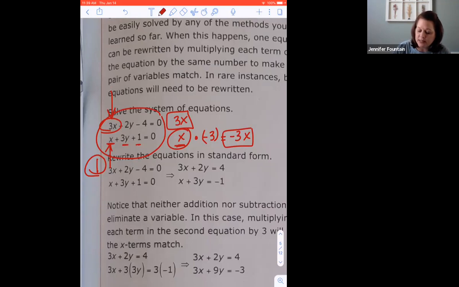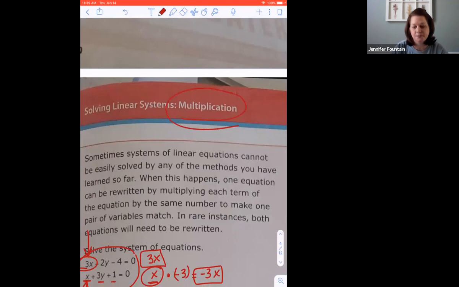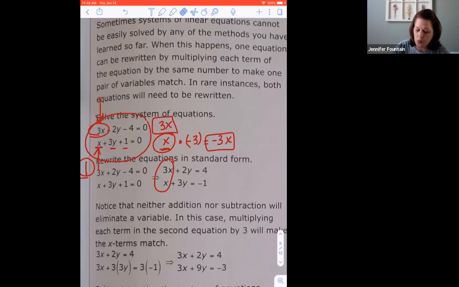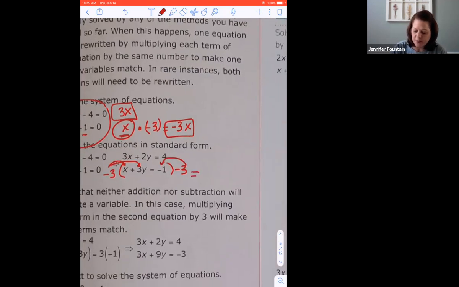Now, what I want to do is make these terms alike using multiplication. So I am going to multiply my second equation by a -3. So that means I have to distribute that -3 to each term. So now I have -3x minus 9y equals +3.